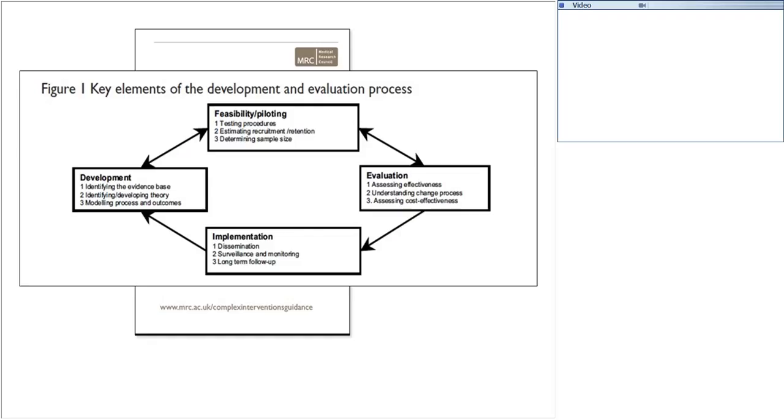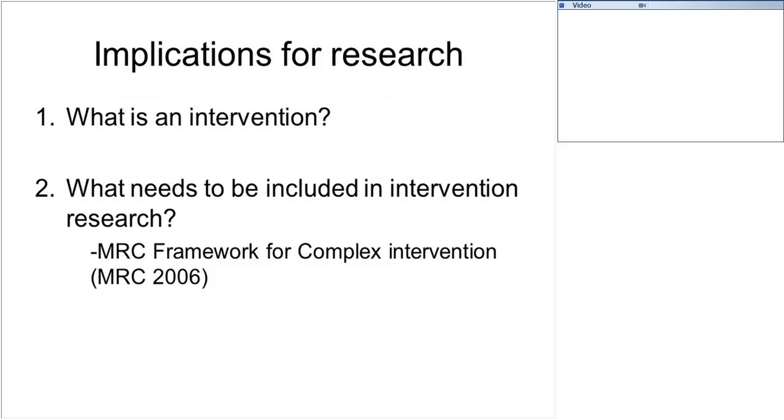And then we evaluate it, assessing its effectiveness, but also understanding its change process, invoking concepts, for example, like context and mechanisms. And then in relation to its implementation, assessing its fidelity, assessing to what degree the intervention was provided in a way that reflected the way that we planned for it to be provided. This is the MRC framework for complex evaluations.